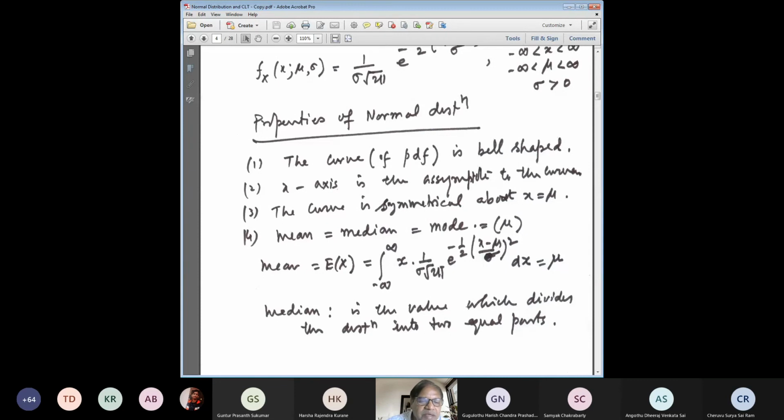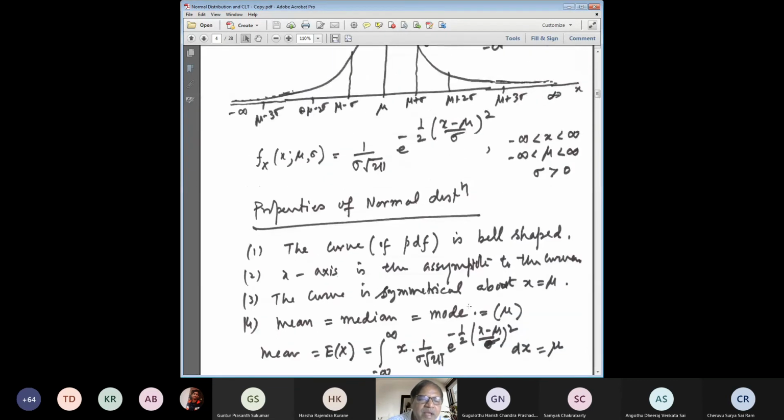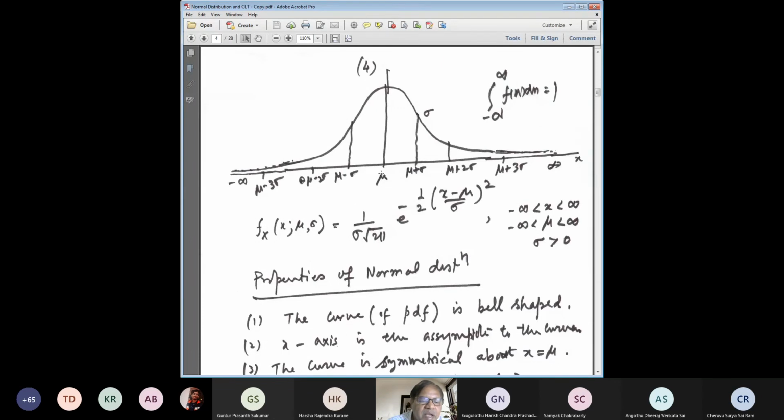Median is the value which divides the distribution into two equal parts, because the total area is to be 1. So we are looking for a point below which the area is half, and above which the area is half. Usually we know the CDF of a random variable.